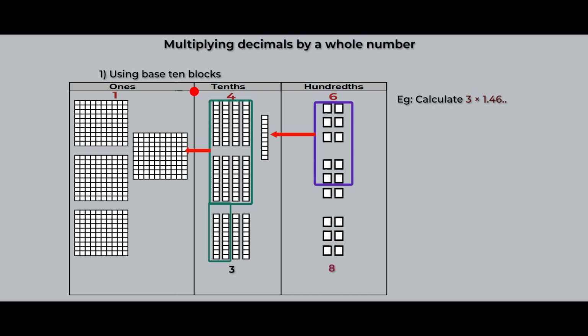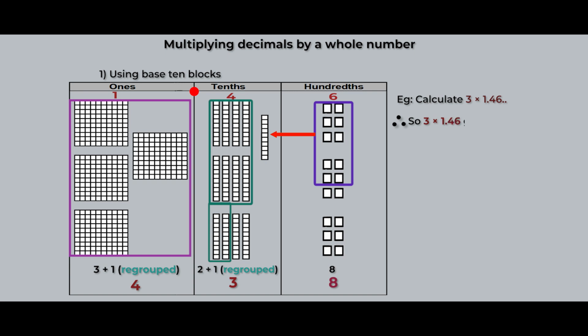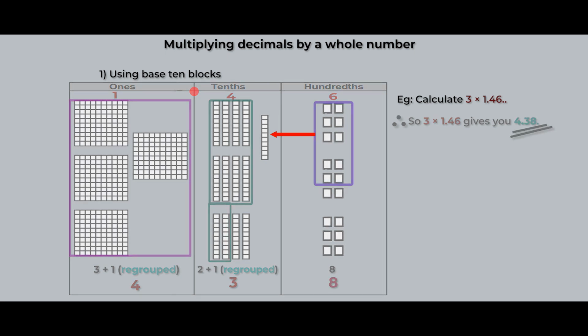We have in the ones column 3 ones, and then here 1, 2, 3, 4, 5, 6, 7, 8, 9, 10 tenths. When you take it to the ones column, it will give you 1 one. So in total you'll get 4 ones. So when you multiply 1.46 by 3, you get 4.38.